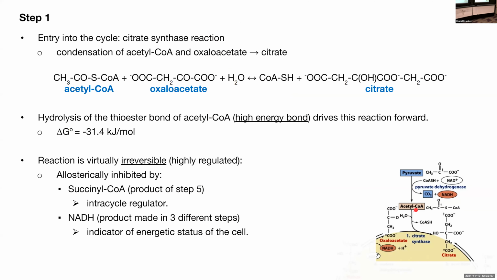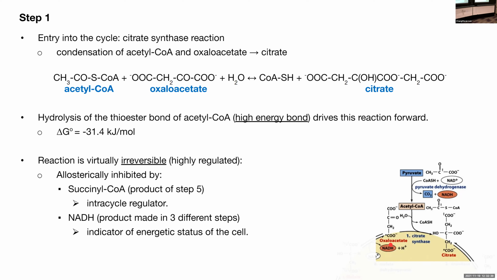Step 1, which is on top of this TCA cycle, is getting the acetyl-CoA and making it into citrate. It's called the citrate synthase reaction, where the enzyme citrate synthase is involved. What it does is condense acetyl-CoA and oxaloacetate, which is an end product of the TCA cycle. This is a cyclic pathway, right?